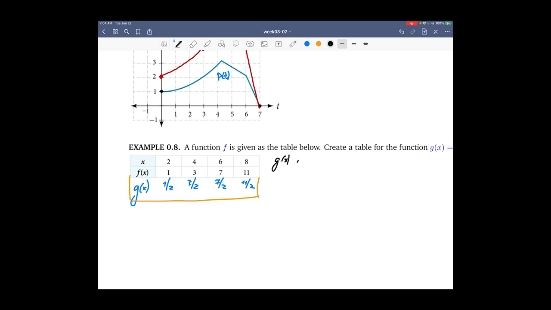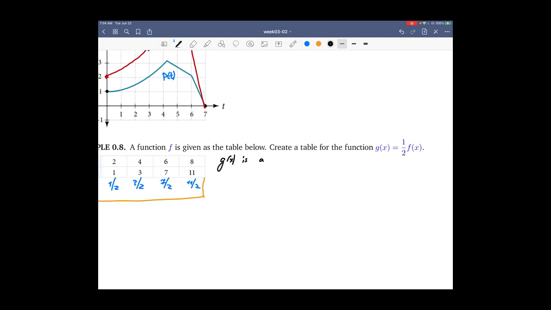You can say g is a stretch of f with a factor of 1/2, which in my opinion is not very natural English-wise.